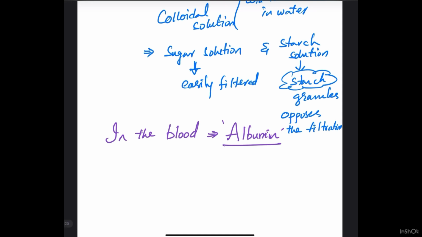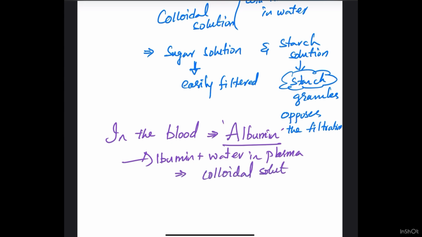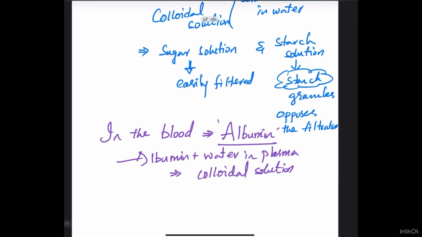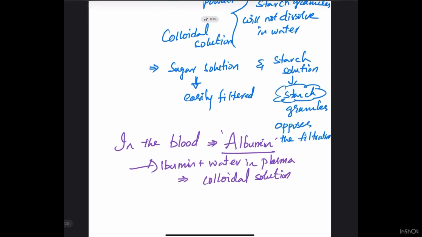This albumin mixes with the water in the plasma and forms a colloidal solution. As a result, the blood appears to have a sticky nature, a kind of thick solution. That is because of this.